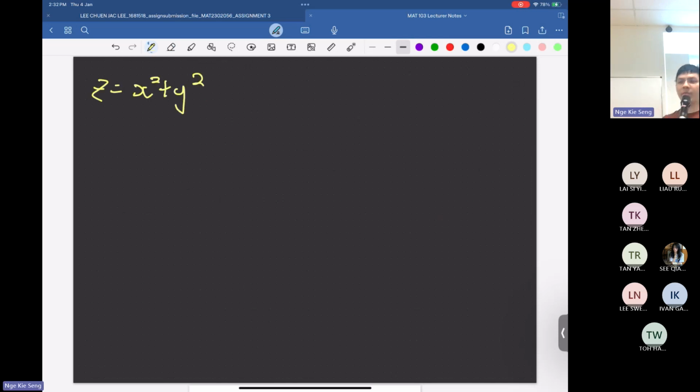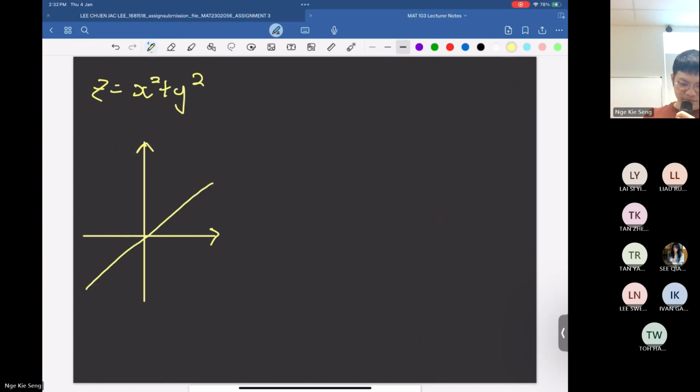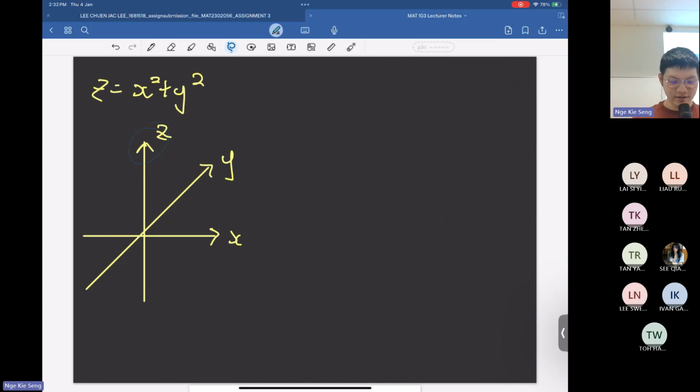Anyone remember what shape this is? Not quite a cone.